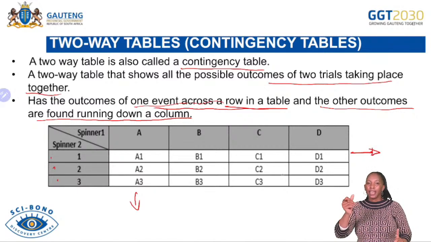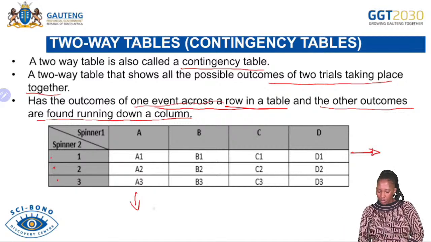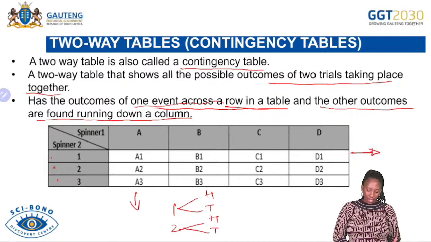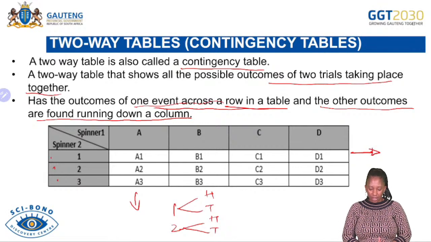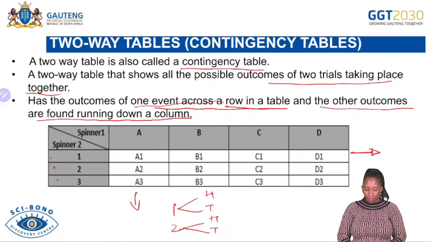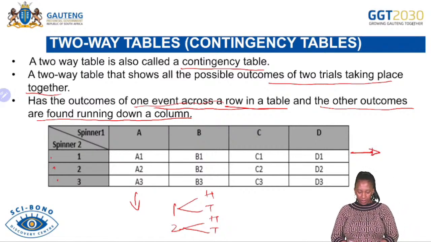I can get either a head or a tail. That means one of a dice can go together with head or tail. And then the same applies to 2: head or tail, and so on. So that is a way of representing a two-way table in the form of a tree diagram, or a contingency table, as I have explained.